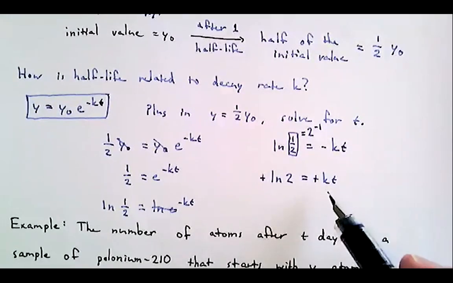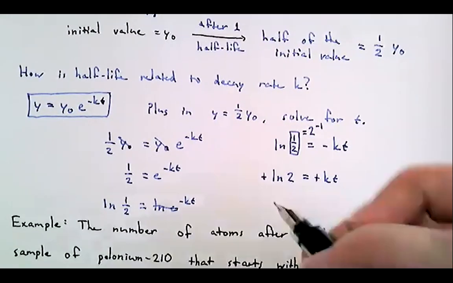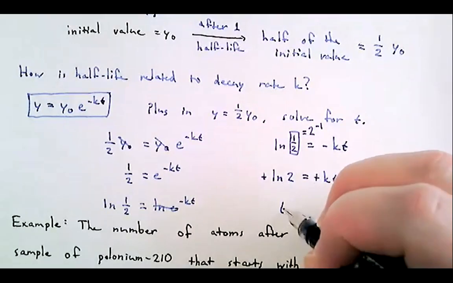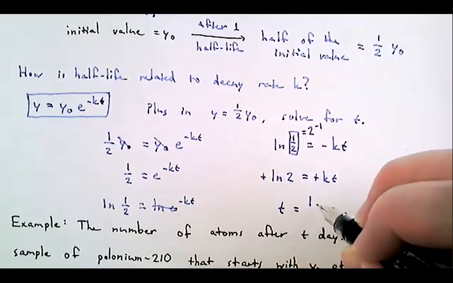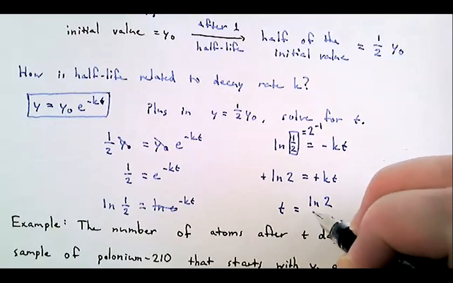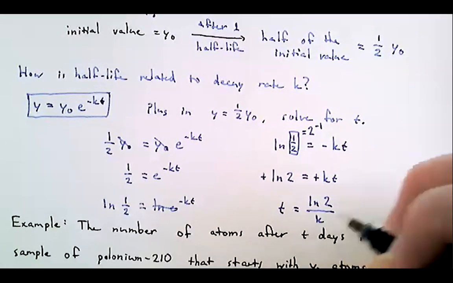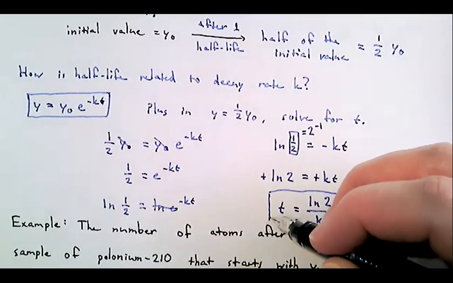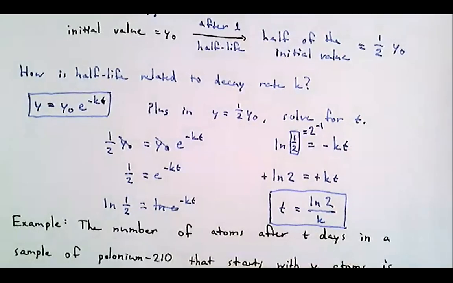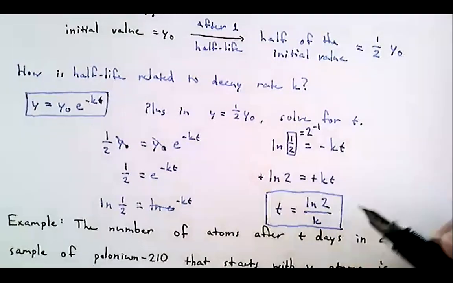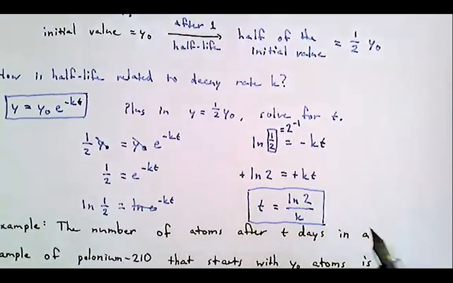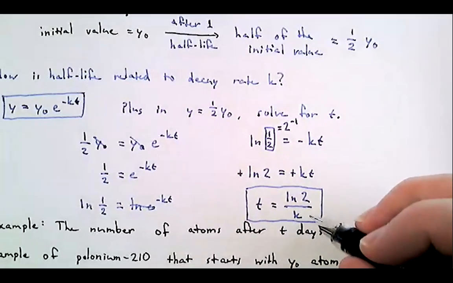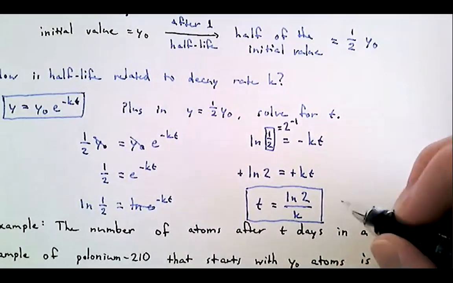And then you can finish off by dividing through by k to solve for t. And you get this simple little formula. So the half-life is actually just the natural log of 2 divided by the decay rate.